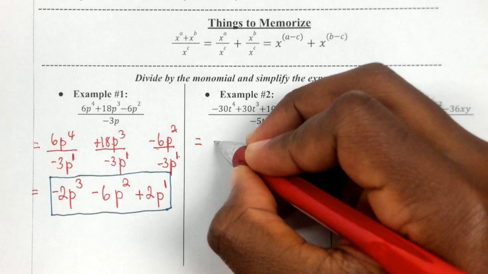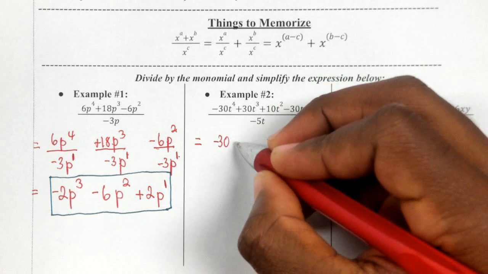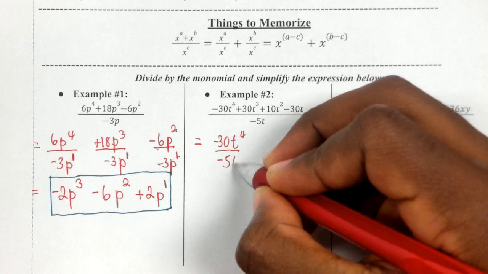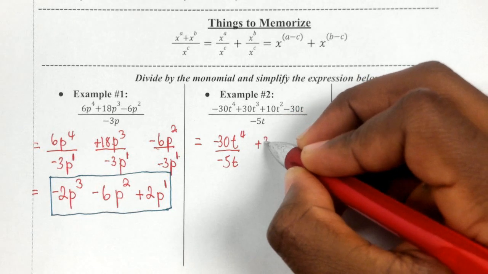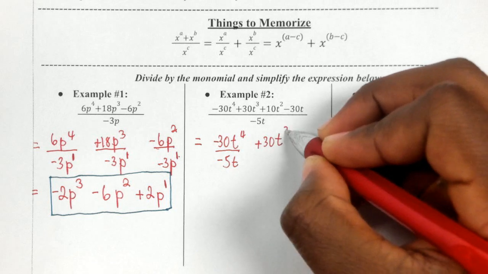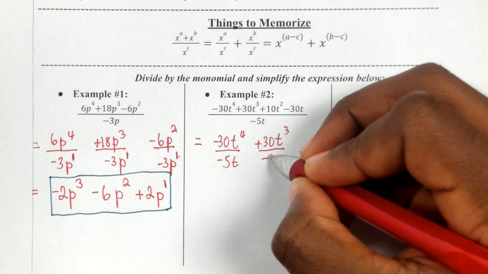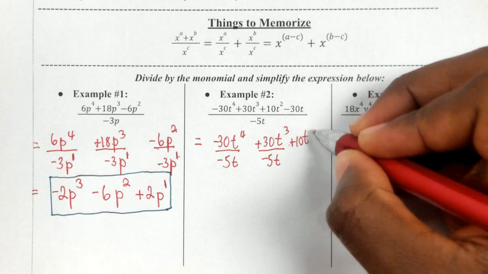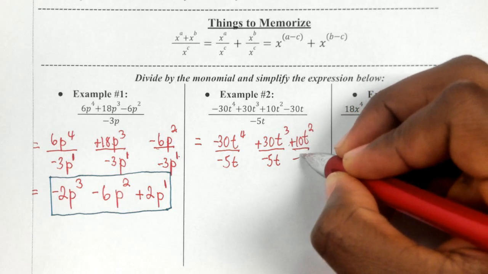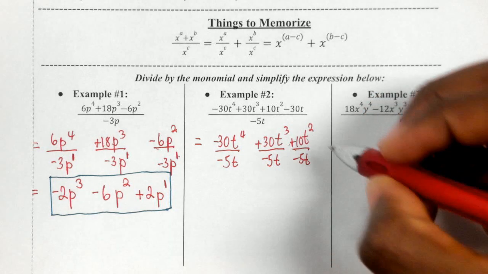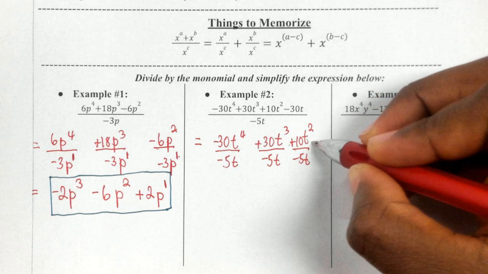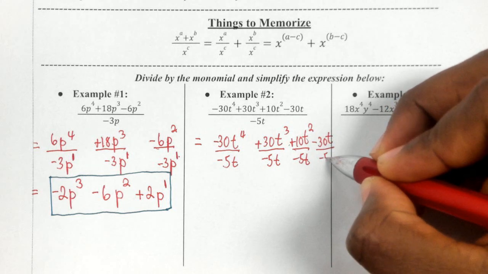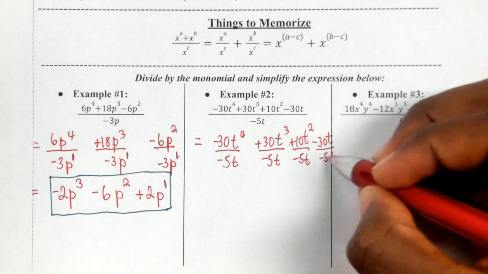I would rewrite this as negative 30t to the fourth over negative 5t, then positive 30t to the third over negative 5t, then positive 10t squared over negative 5t, and I'm running out of space, so I'm going to squeeze in negative 30t over negative 5t right here.